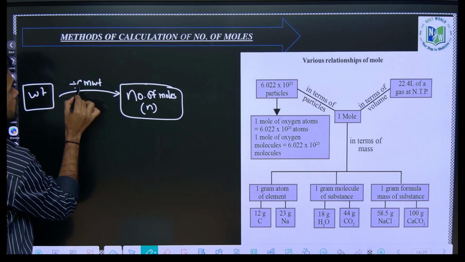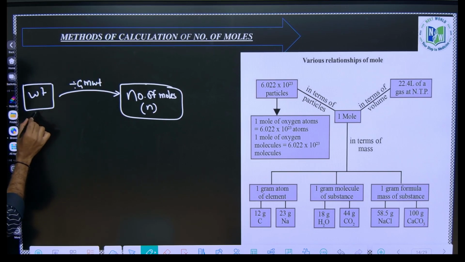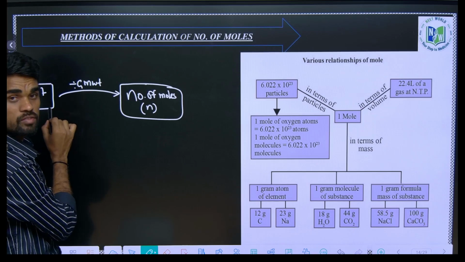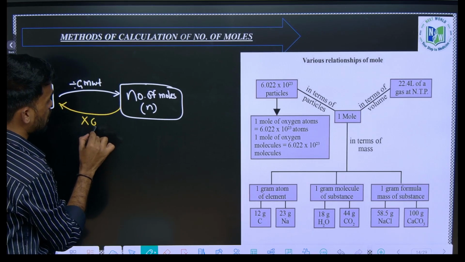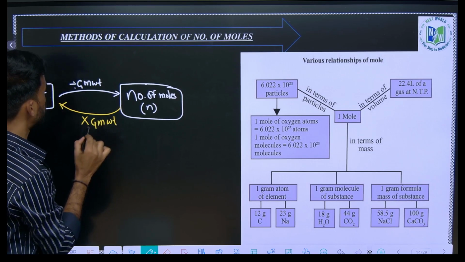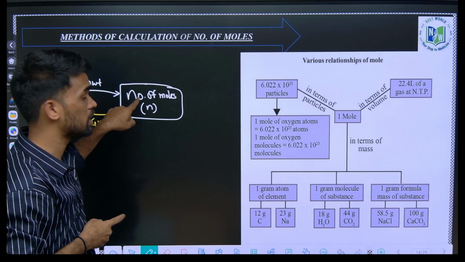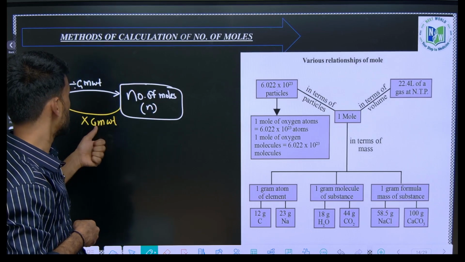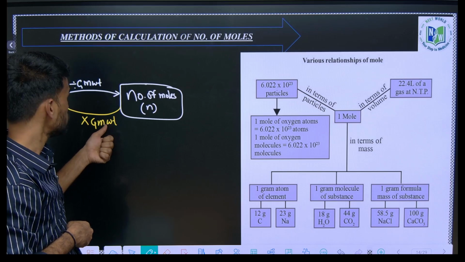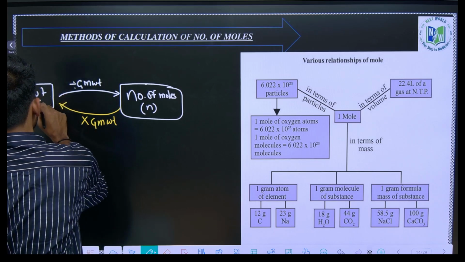Now, if number of moles are given and they are asking us to find the amount of substance, just multiply this with gram molecular weight. If weight is given, just divide it with gram molecular weight, we'll get number of moles. If they give us number of moles, then multiply with gram molecular weight, we'll get amount of substance, that is weight in grams.